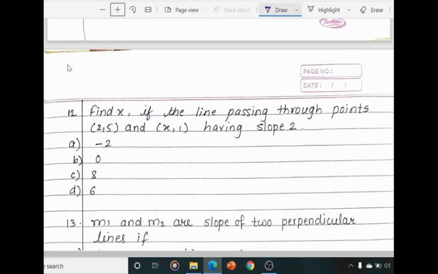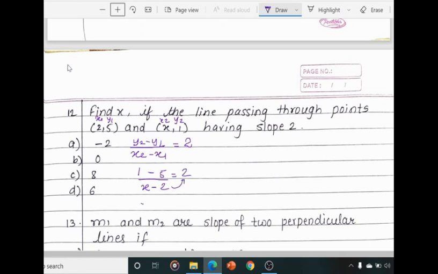So, write down the formula y2 minus y1 upon x2 minus x1 because the slope is given. So, is equals to 2. This is our x1 y1 and this is our x2 y2. Put these values. So, 1 minus 5 upon x minus 2 is equals to 2.